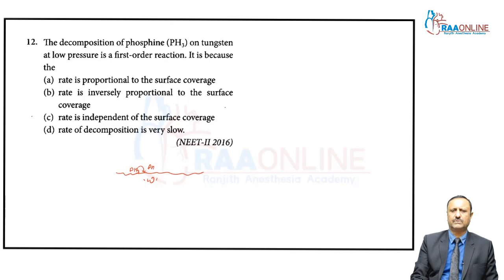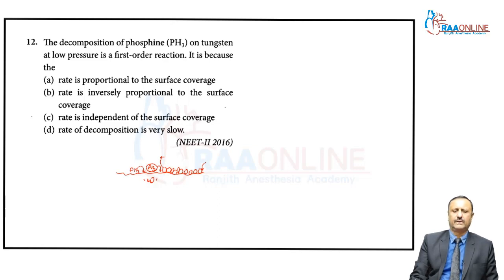These phosphine molecules are adsorbed on the surface of the tungsten, and when these molecules are adsorbed, then at low pressure, my dear student, it's a first order reaction. It means the number of molecules of phosphine adsorbed, then that number of molecules is dissociated. It means it's a first order reaction.